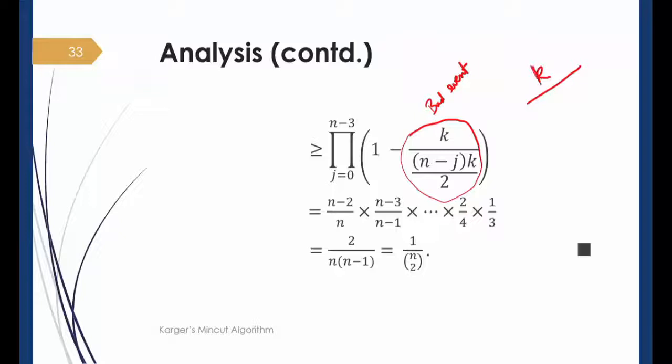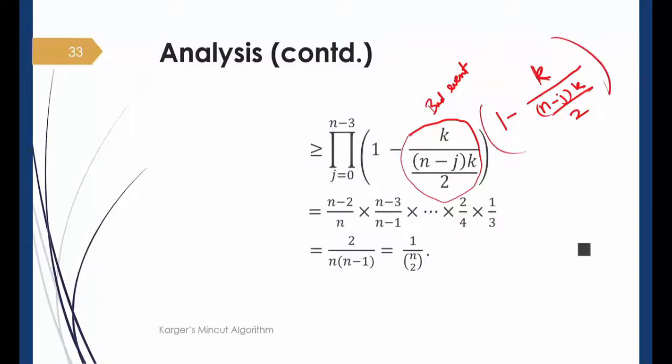There are k edges in C star, and the total number of edges we have already seen is this quantity. This is the probability of the bad event. Now, we are considering the good event, and therefore, 1 minus that.